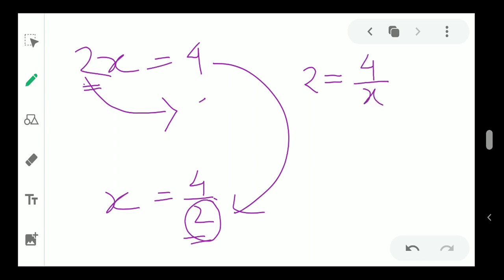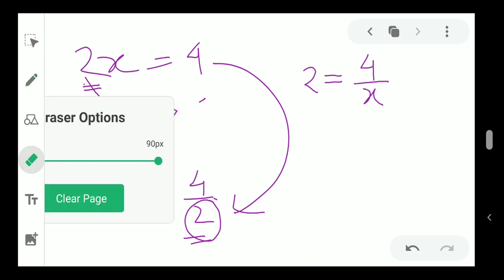What happened here? x was a multiplicative factor on the left hand side, and whenever I shifted x to the right hand side, it became a division, like it became a denominator.